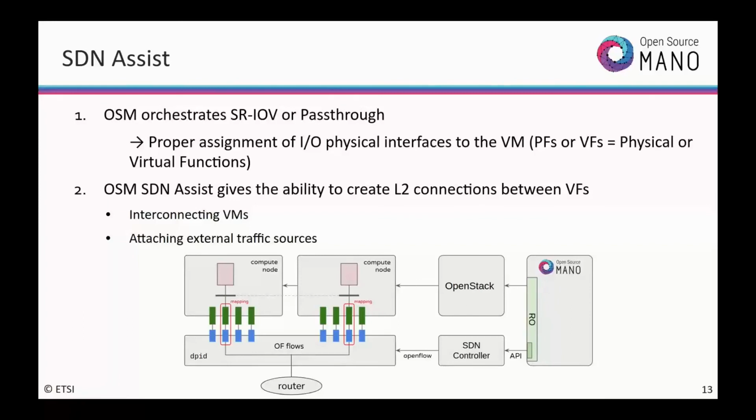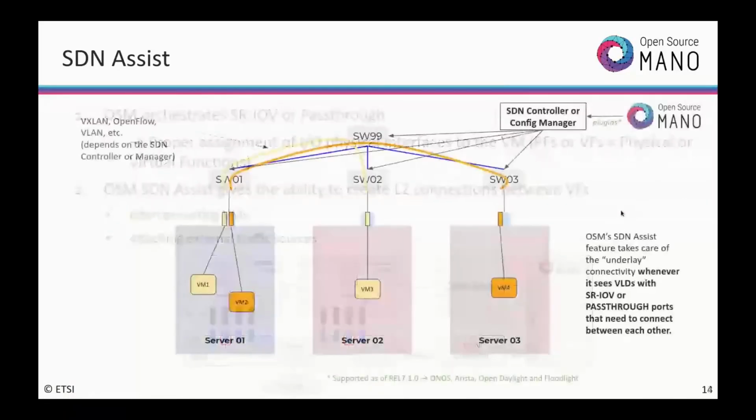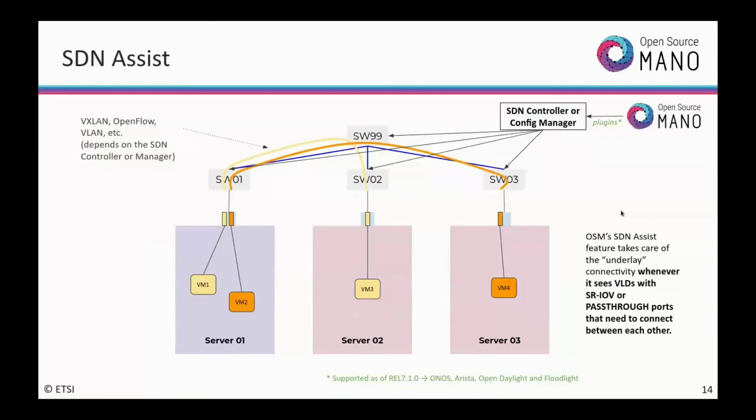So these switches here have to be SDN capable, because there's going to be an SDN controller such as Juniper or ONOS or something like that that is controlling the switches. OSM does not talk to the switches directly. OSM will talk to the SDN controller. So that now looks like this, where the SDN controller basically is programming the switches, and we're able to use hardware offload on all of these servers.